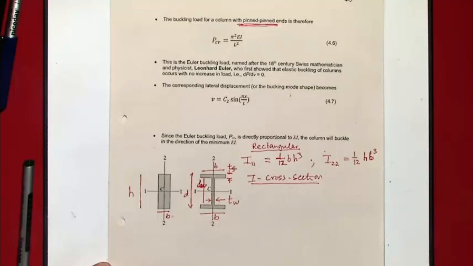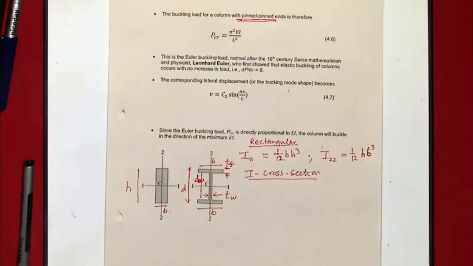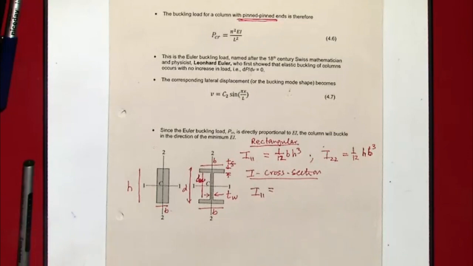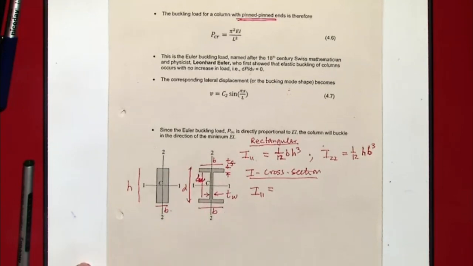What is I about, what's the second moment of area about 1, 1 axis? Who's going to make a guess? Okay, let's do it together. The way to do that is to assume that we have a complete rectangle like the one on the left, all the way down, and then take away the I for the one at the inside.